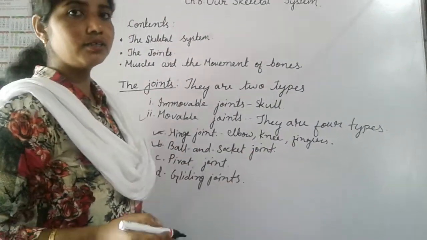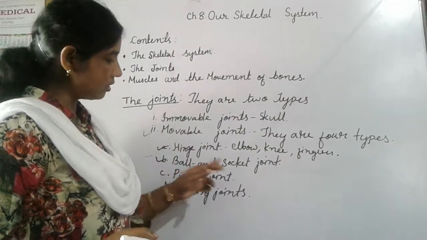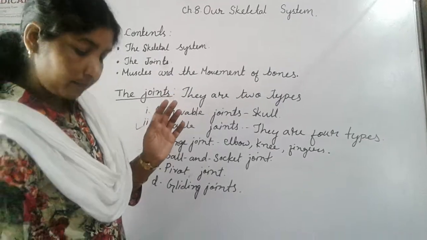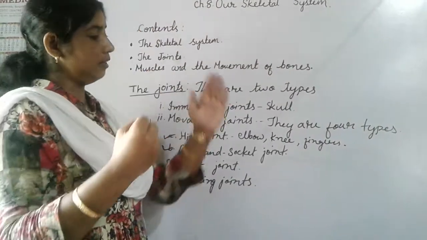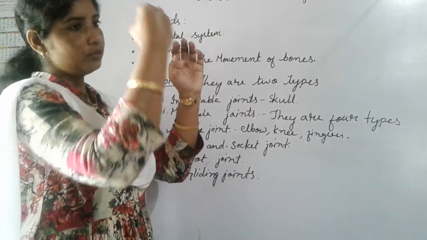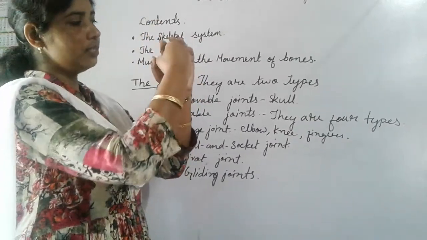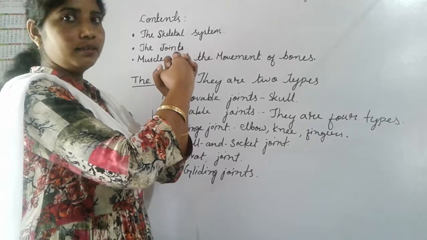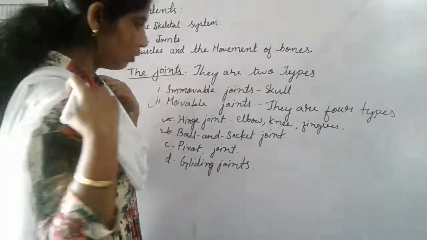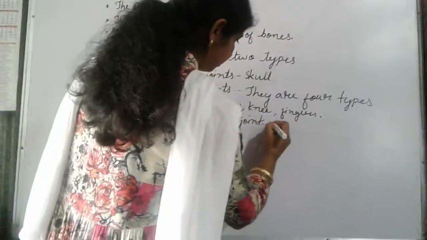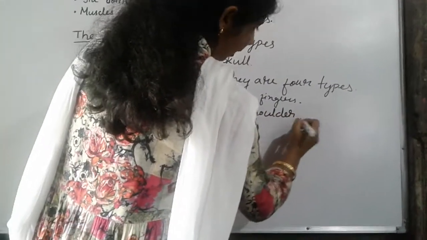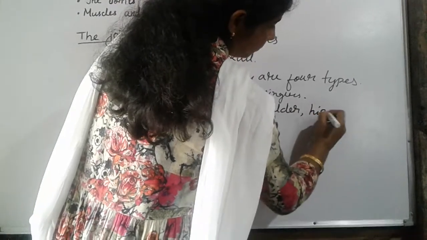Next is the ball and socket joint. What is a ball and socket joint? Here, one ball-like structure is there, and another socket-like structure is there, like a hole. So the ball is fixed in the socket. It is present in our shoulder and in our hip.